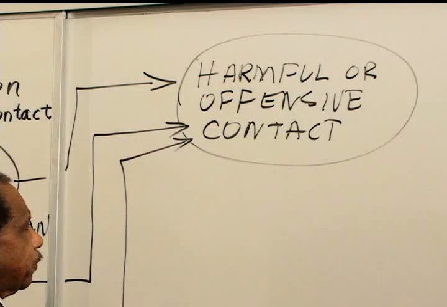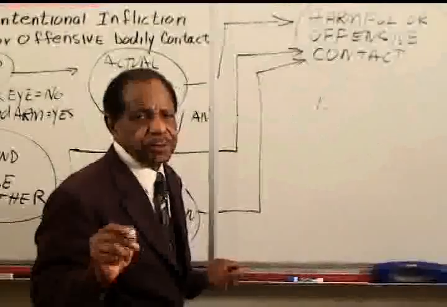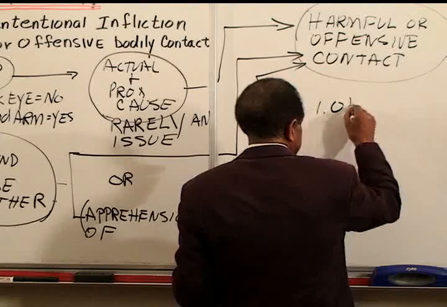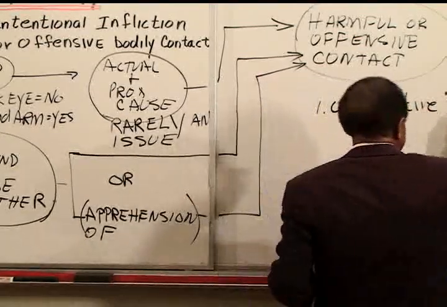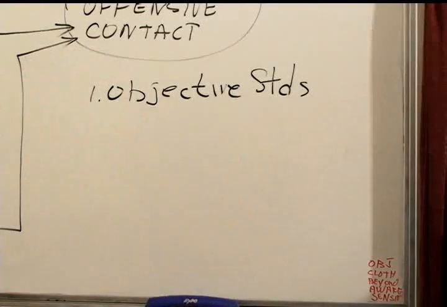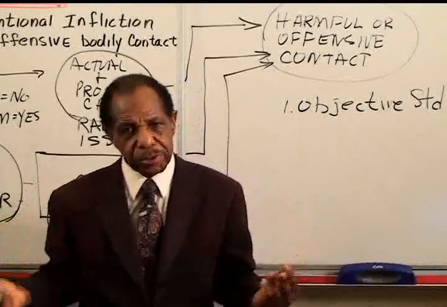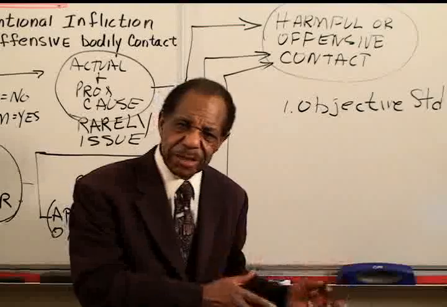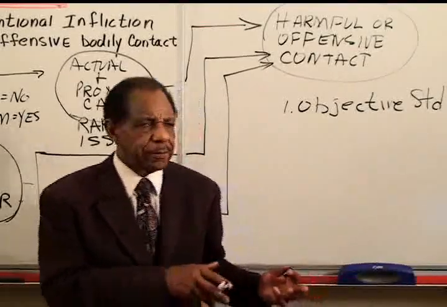Let's talk about this harmful or offensive touching. First of all, objective standards are used here rather than subjective standards. What I mean by that is that the harmful or offensive touching must be the touching which a reasonable person would find to be harmful or offensive. It's not subjective. Did this particular person believe it was harmful or offensive?